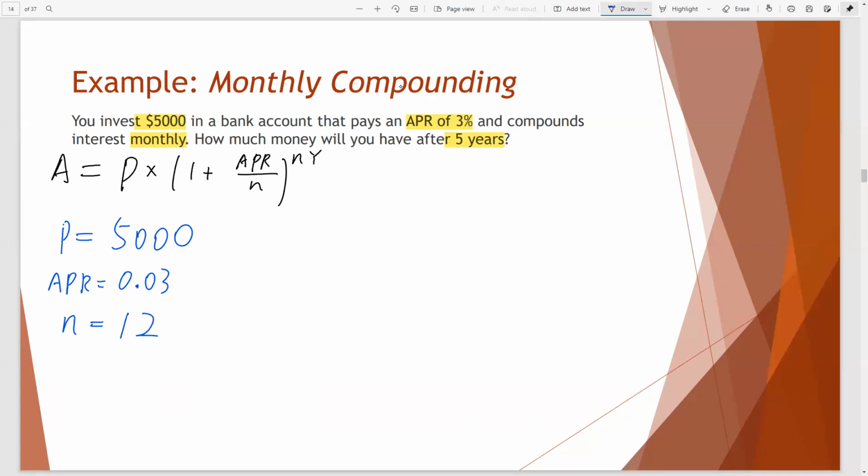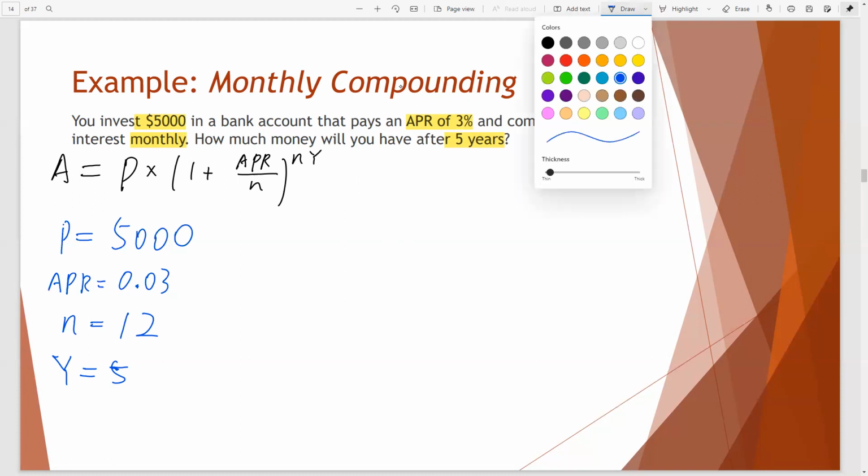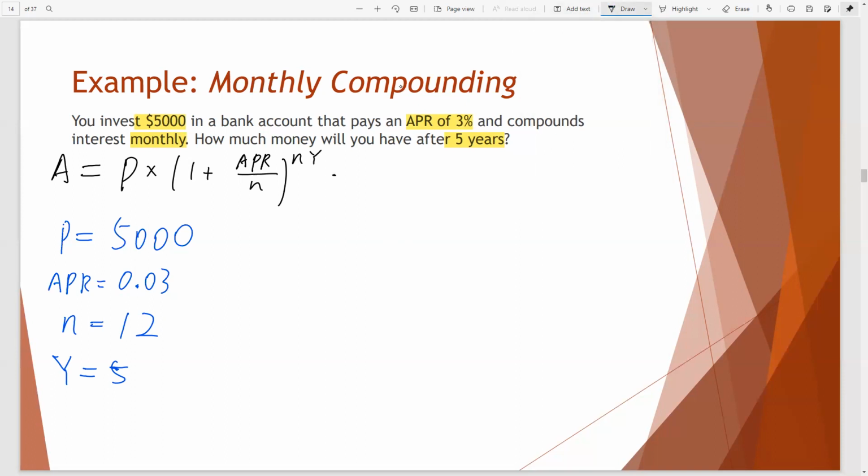So every year, that's 12 payments, since monthly you have 12 months in a year. And y is the number of years, 5. So you have 12 payments every year for 5 years, and the total number of payments here will be 60. So we compound 60 times instead of only 5 times as before. But here, every time the interest rate will be the rate divided by 12.